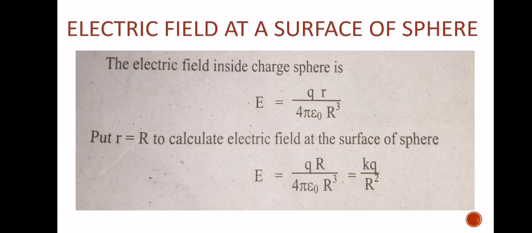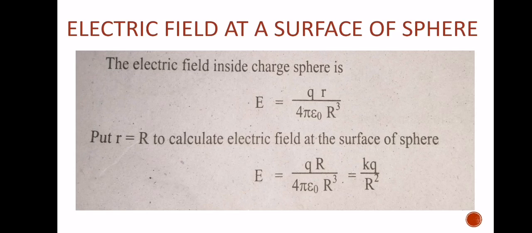Now the electric field at the surface of the sphere. The electric field inside a charged sphere is E is equal to Q r over 4 pi epsilon naught into R cube, that we have learnt in the previous section. Now just put the value of small r as capital R in order to calculate the electric field at the surface of the sphere.